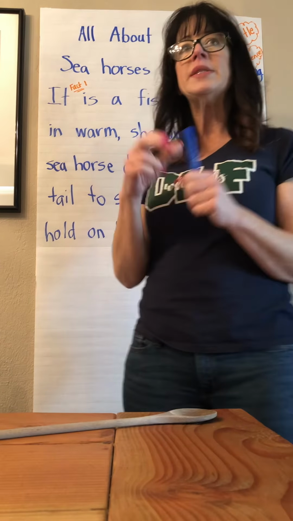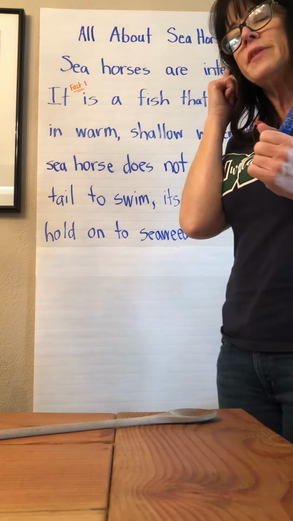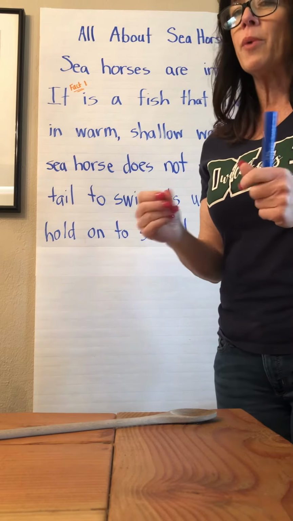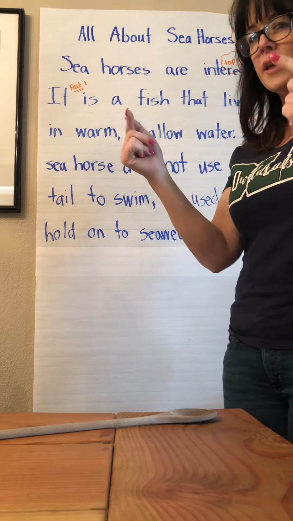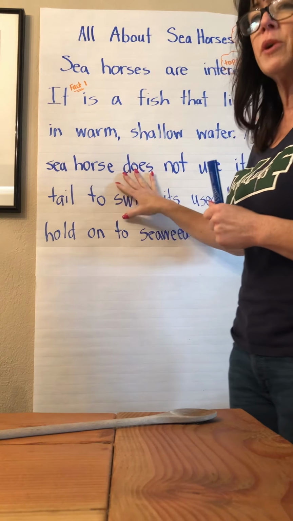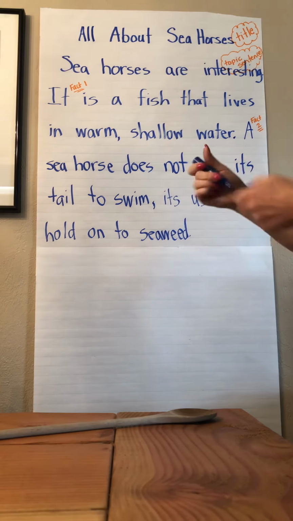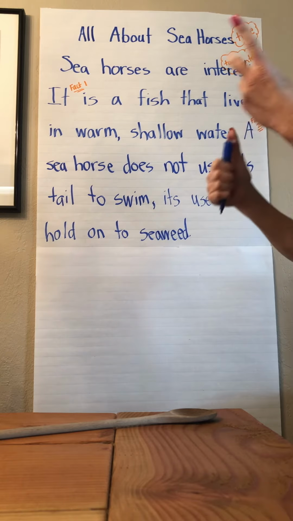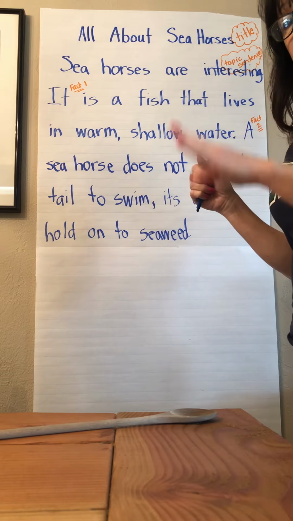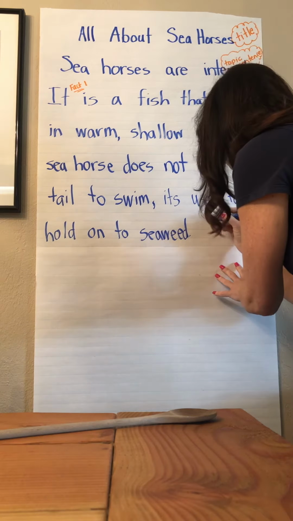And so I have to think of a way to make that sound good in a sentence. And sometimes when you're writing, that's a hard thing to do, to think it all through before you start writing. But this is just my sloppy copy, so it would be okay if I didn't get it just right. But I'm going to say, the female puts the eggs in the male's pouch. So I'm going to start with that.